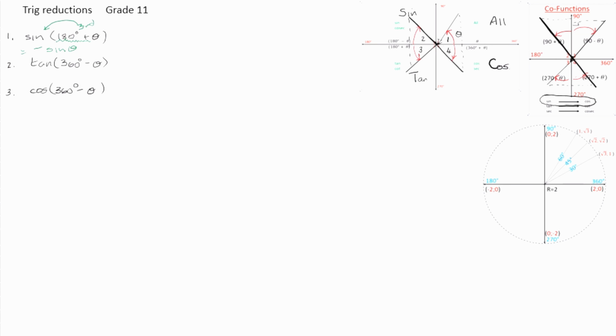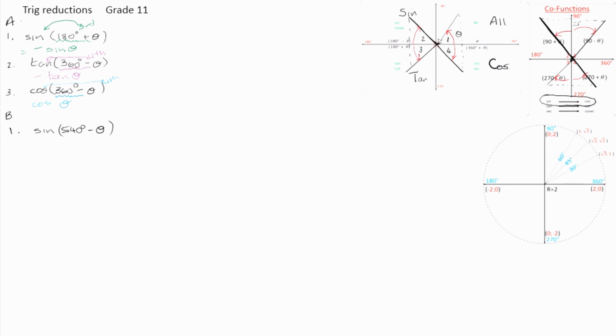Right, the next one. 360 minus is the fourth quadrant, where tan picks up a negative and remains tan theta. And finally, 360 minus is the fourth quadrant, where cos is positive and remains cos theta.